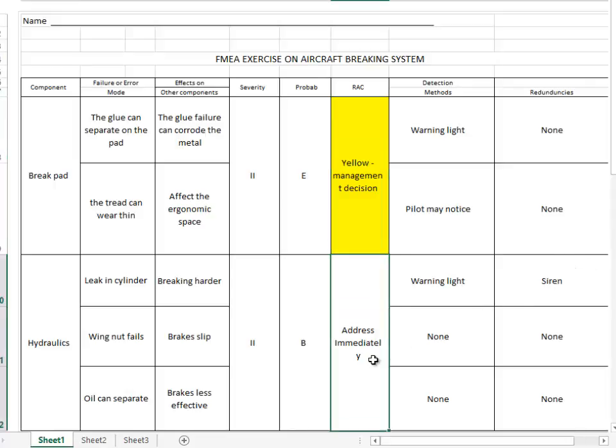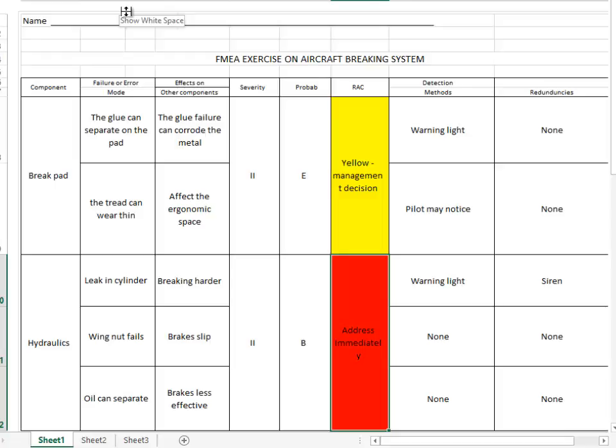Okay, our second component is hydraulics. And we've looked at our severity and probability data, and what we have decided is that we need to fix this thing immediately. So we've got our yellow and our red. Really, we have looked at both components and we've looked into the future to see how each might fail, and we've looked at the results of those failures.